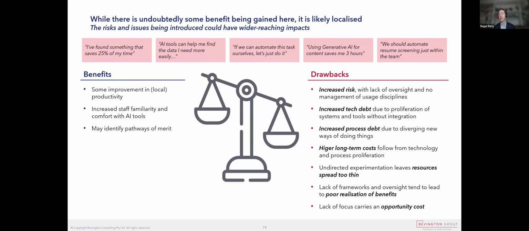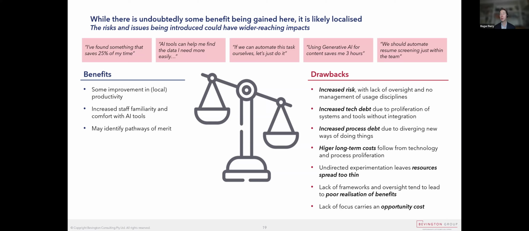But a drawback. If you're doing lots of work everywhere, how are you going to manage the risk of all of that? The more you do, the more risk. So it is worthwhile pausing for thought and thinking whether you've got your infrastructure in place to run 50 experiments right across the organization. You can potentially introduce tech debt, particularly if you're using lots of different providers for your experiments.